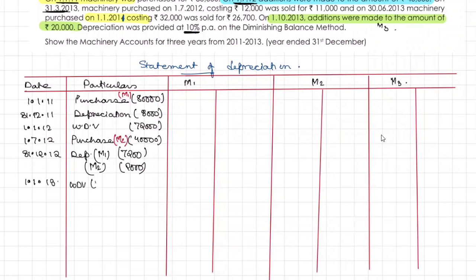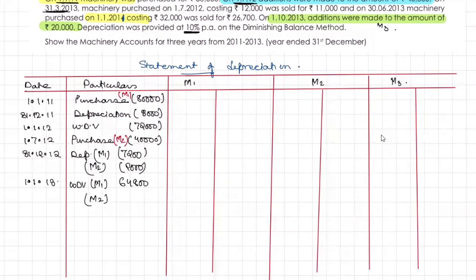WDV for M1 will be 72,000 minus 7,200. So for M1, it will be 64,800. Okay. And for M2, what will it be?